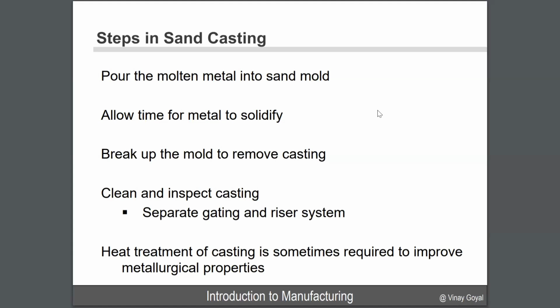With casting, it's typically a good idea that after you cast the part, you do something called computed tomography, CT scanning. Micro CT technology can detect voids in the part and can give you a good feel for how good the quality of the part is. That's one approach that has been used in the industry.